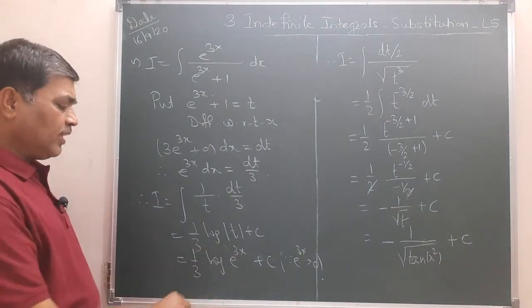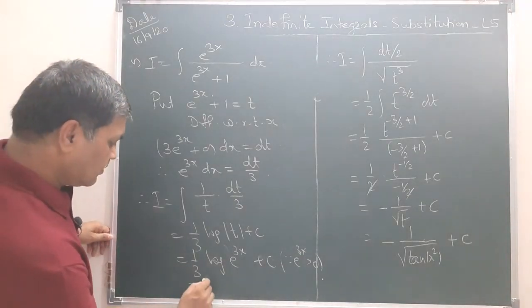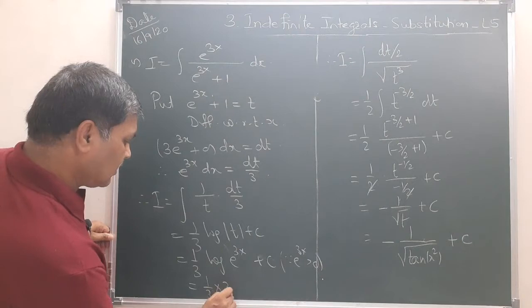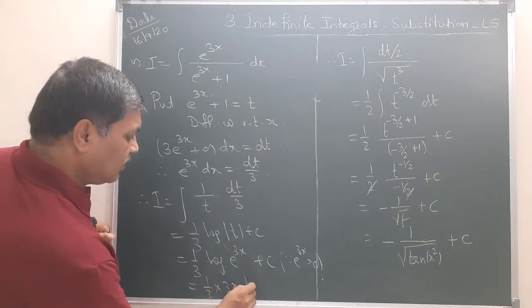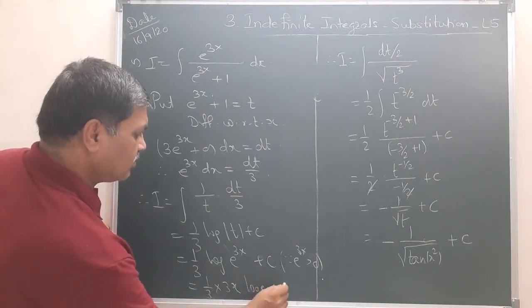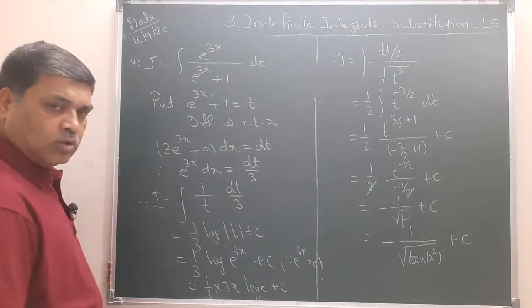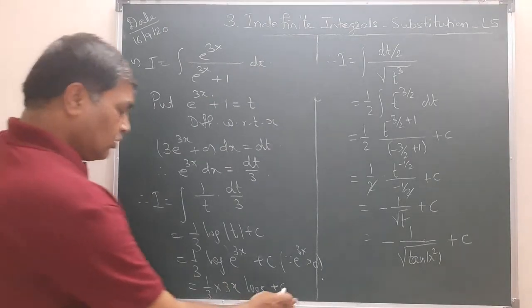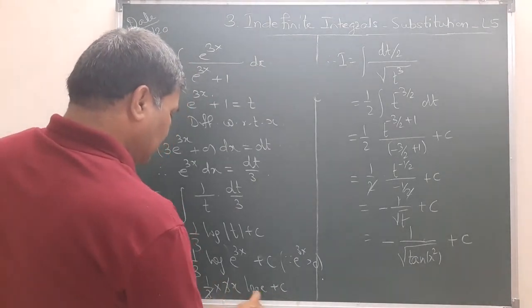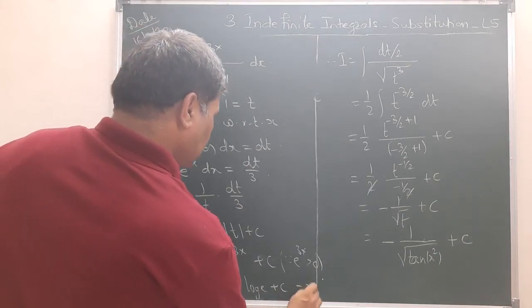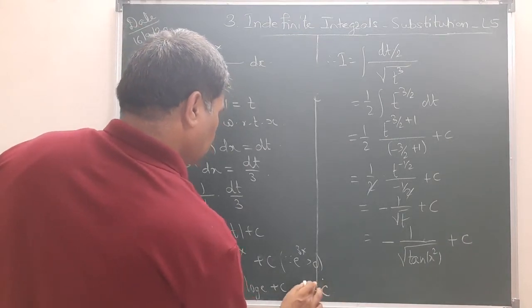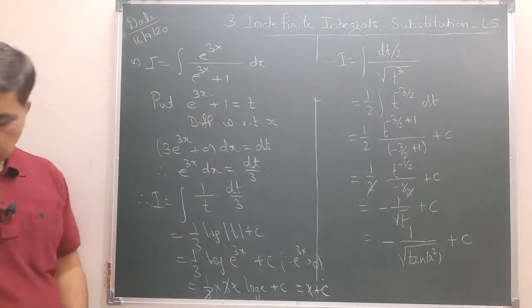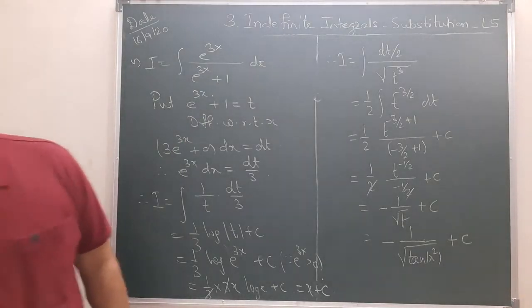Log of e raised to 3x is nothing but 3x log e, but log e is 1. So this 3 gets cancelled, and the answer is just x plus c.